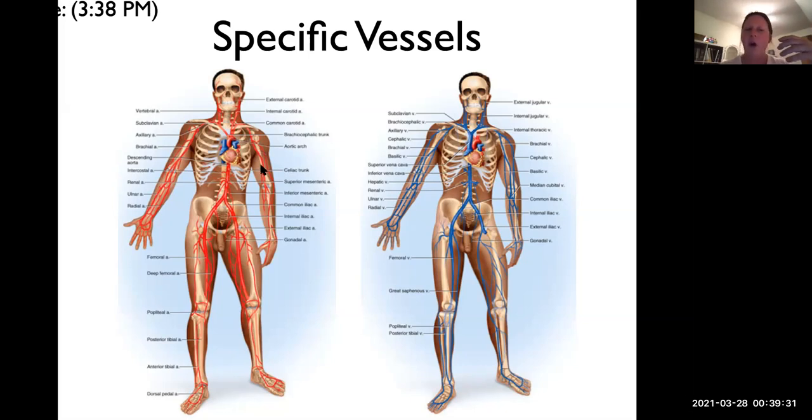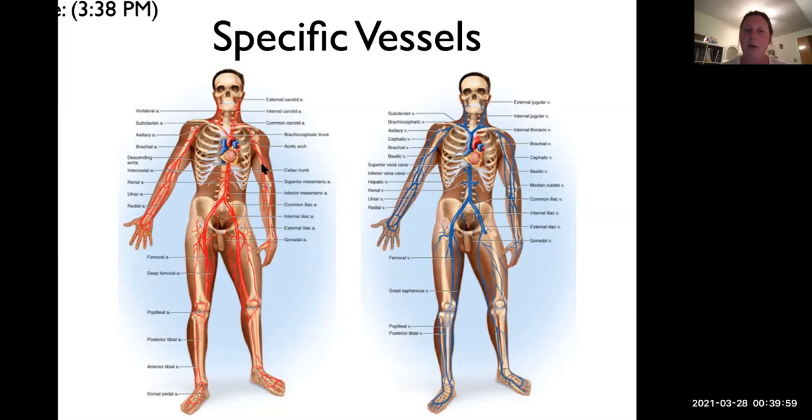Okay, so arteries and their corresponding veins usually travel together. Just like on a highway, if you're traveling in one direction, you can usually see traffic that's traveling in the other direction right next to you. So the artery and the vein are next to each other, and they share the same name with very few exceptions.